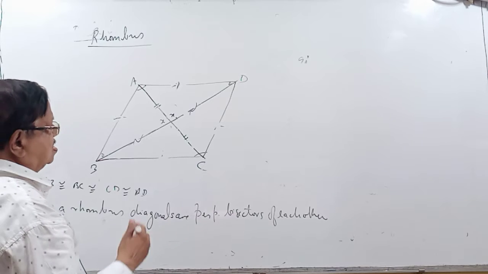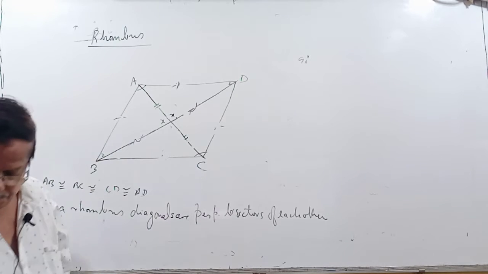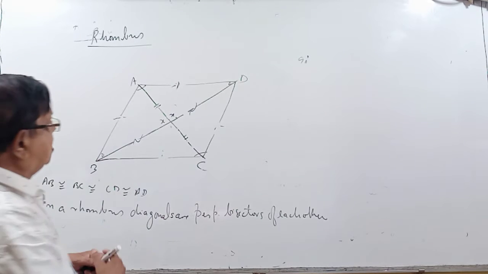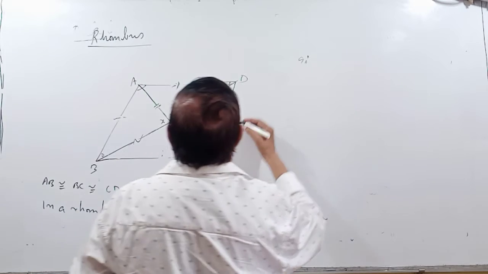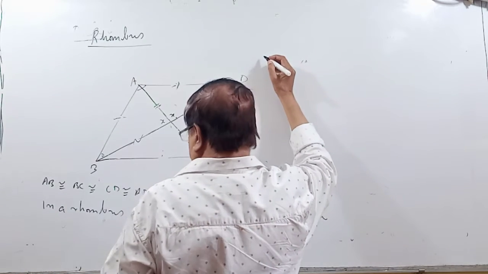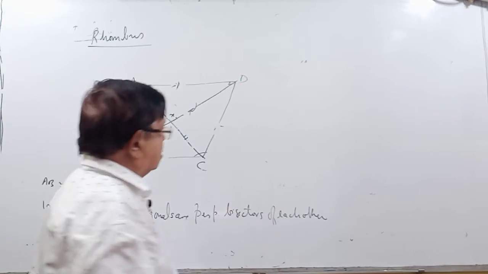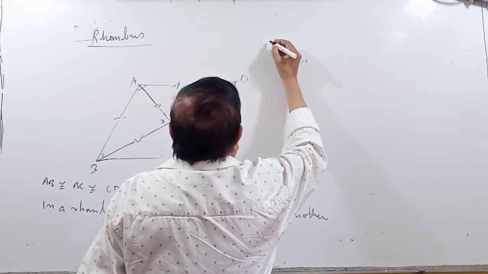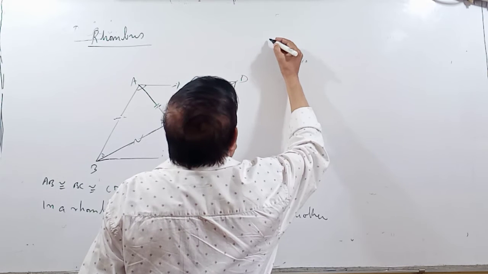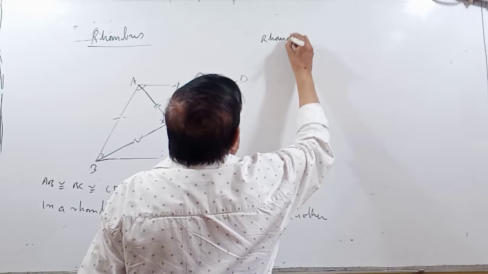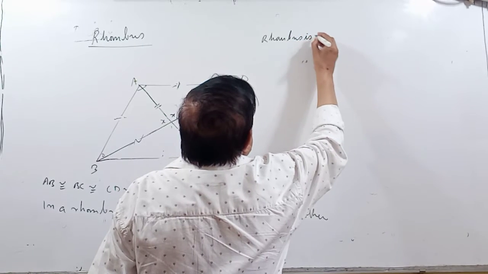So, I will write the statement here, then it will be very clear for you. How to prove that rhombus diagonals are perpendicular bisectors? I will start the proof. To prove that in a rhombus diagonals are perpendicular bisectors. So, a rhombus is a parallelogram.